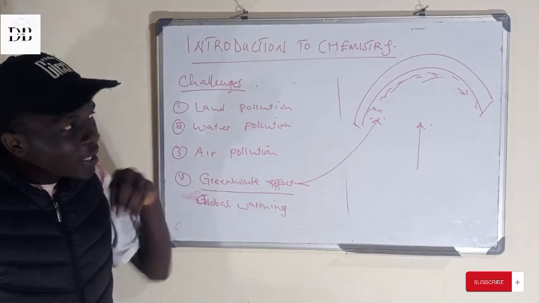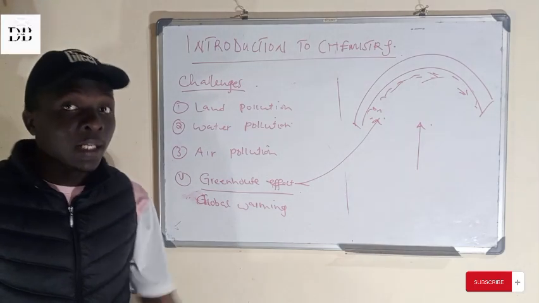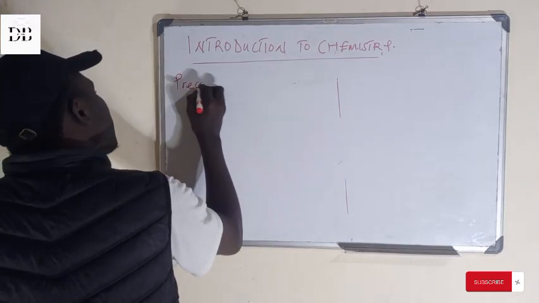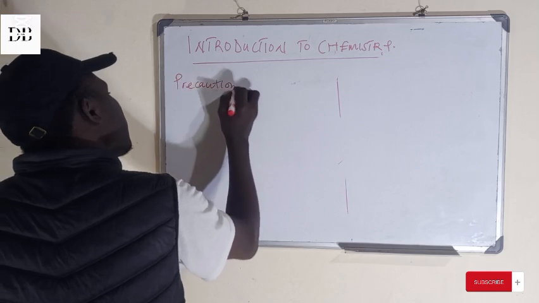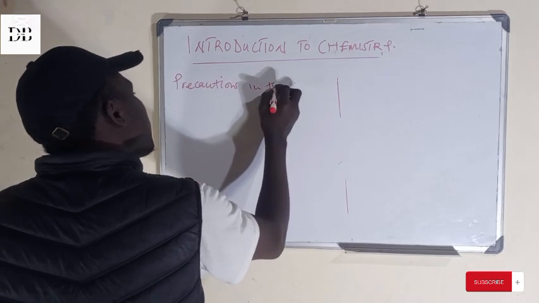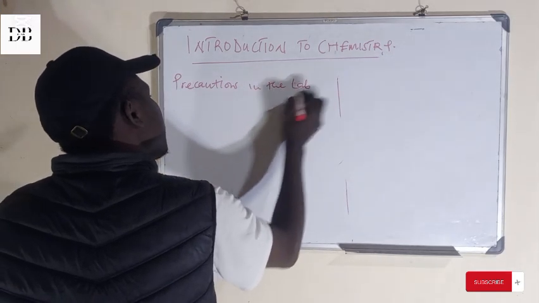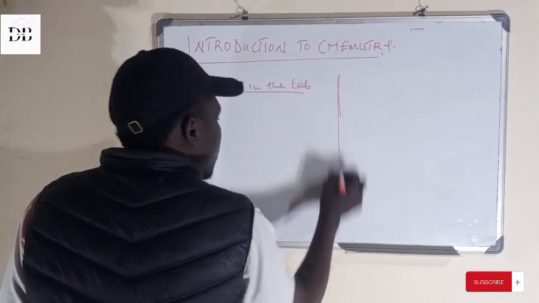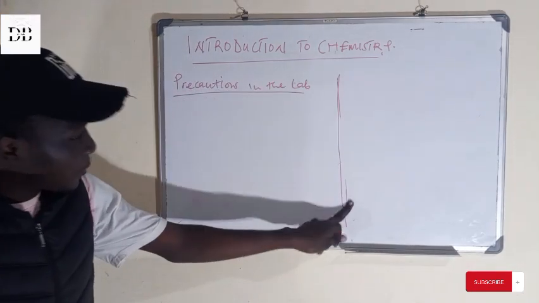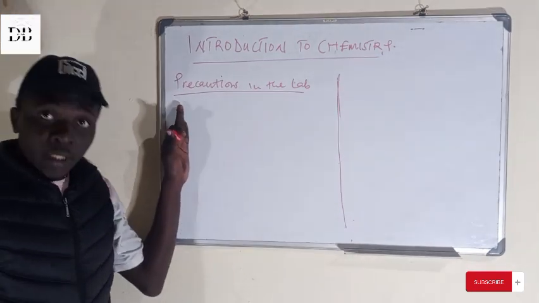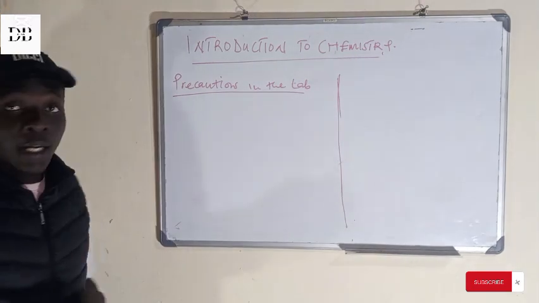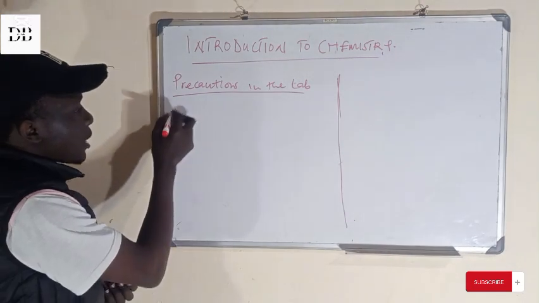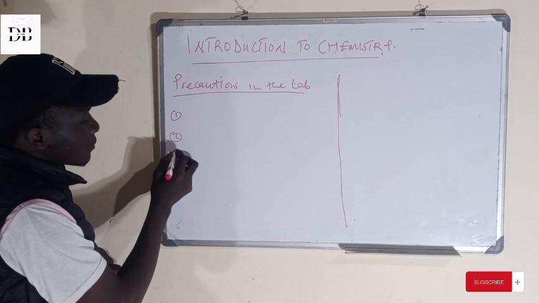So what are some of the things you must consider when working in a lab? Among them, there are a lot of different precautions in the lab. I would want you to check out more, but I will list only five.